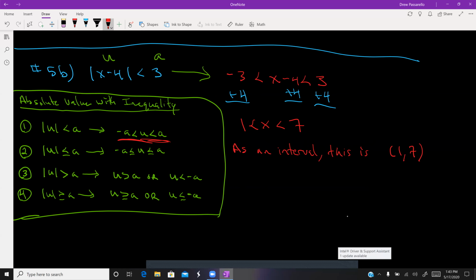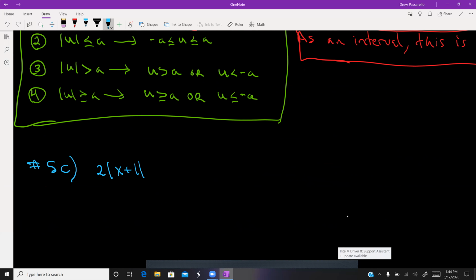So it's the 2 times absolute value of x plus 1 minus 6, and I think it was greater than or equal to 2.